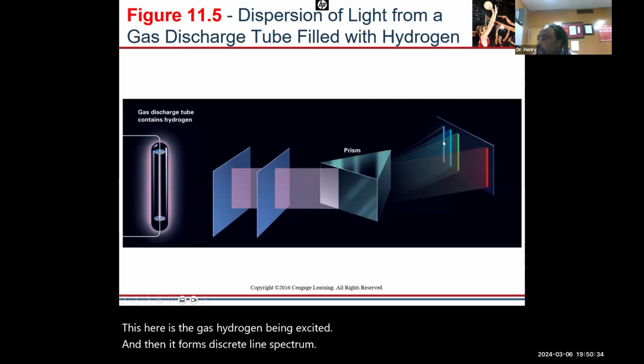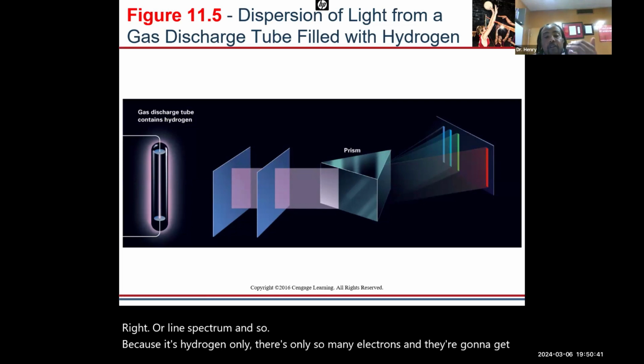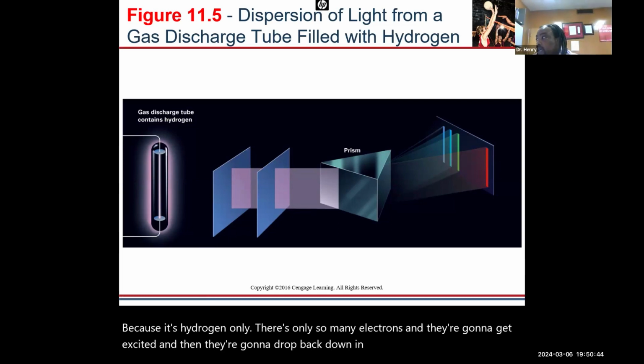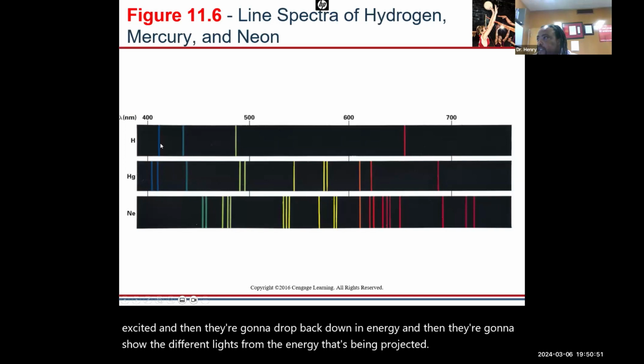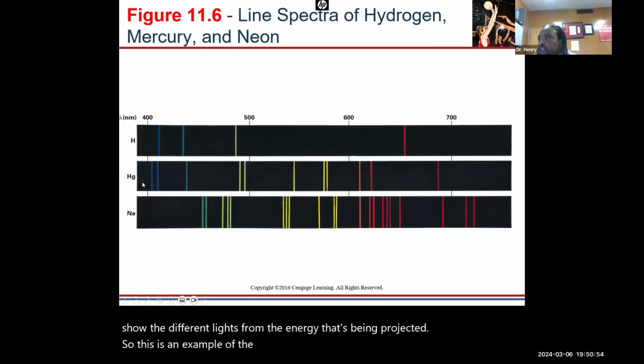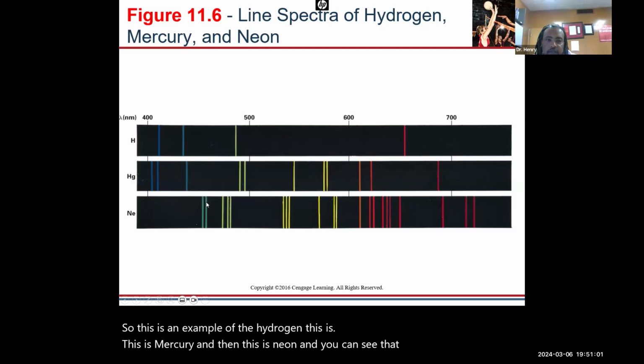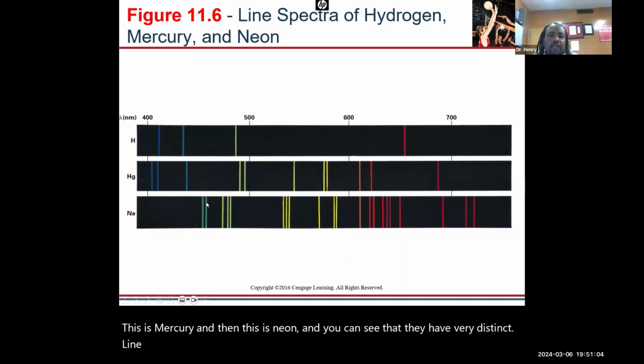Because it's hydrogen, there are only so many electrons, and they get excited and then drop back down in energy, showing the different lights from the energy being projected. This is an example of hydrogen, this is mercury, and this is neon. You can see that they have very distinct line spectra, and that's going to be true of all atoms.